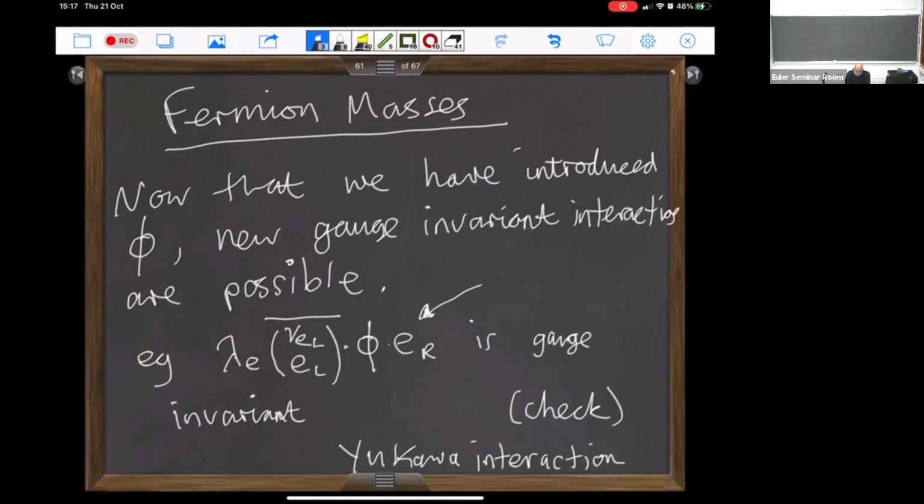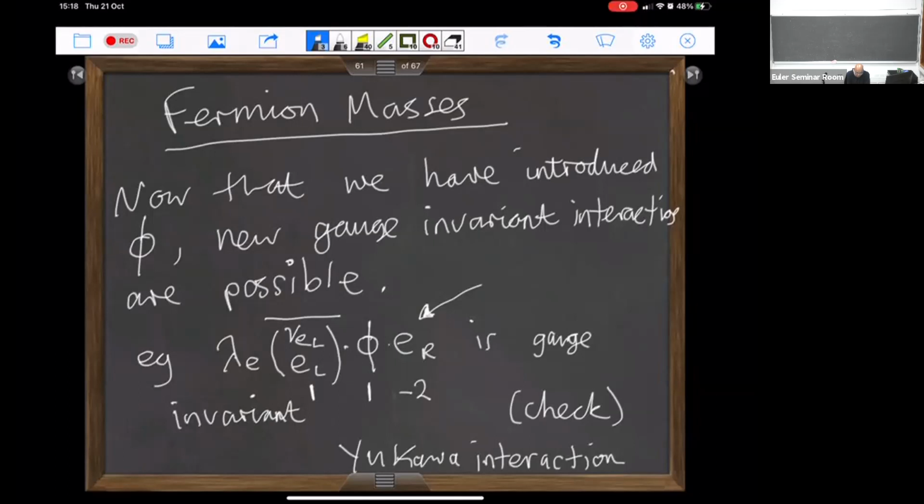For example, the hypercharge of the right-handed electron is -2. The hypercharge of the Higgs field is +1. And the hypercharge of the conjugate of the left-handed doublet is +1. So you see that under a U(1) hypercharge transformation, this product of fields is invariant.